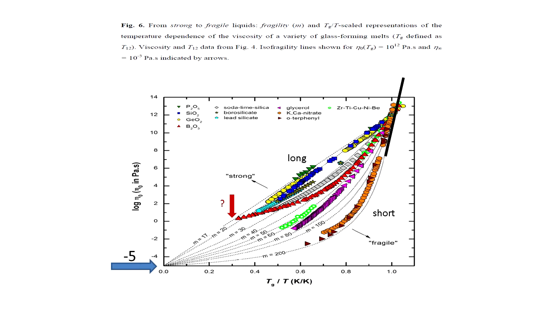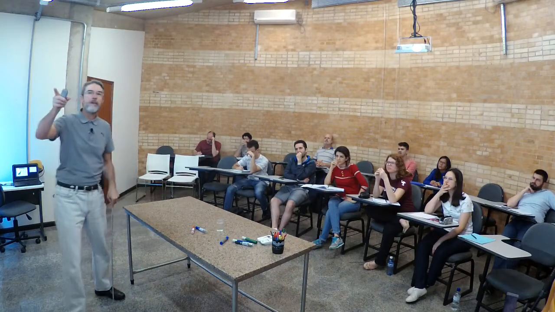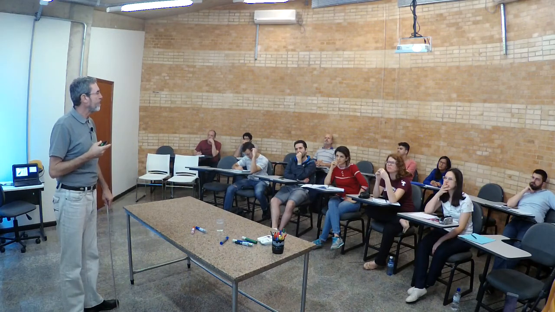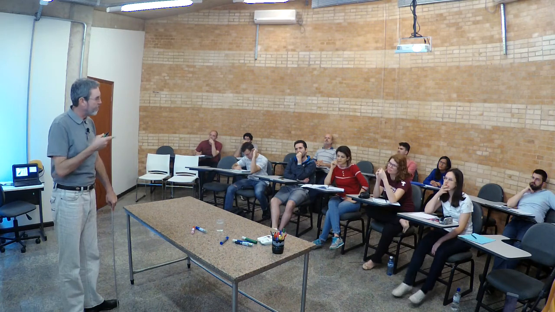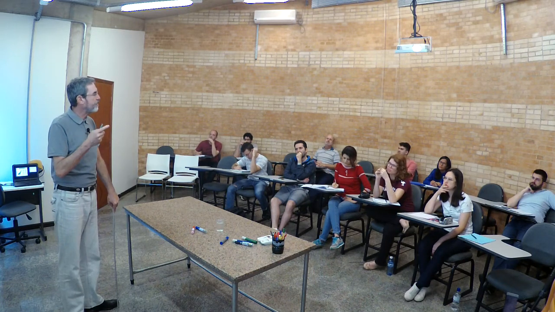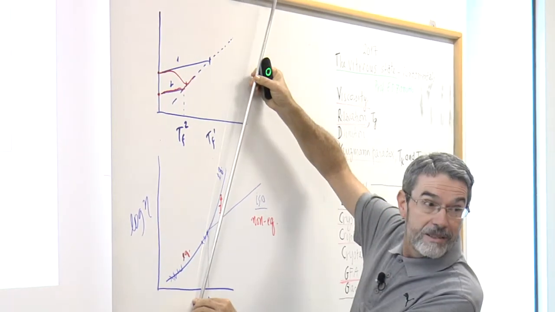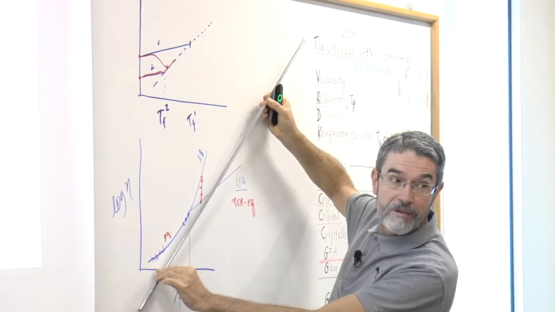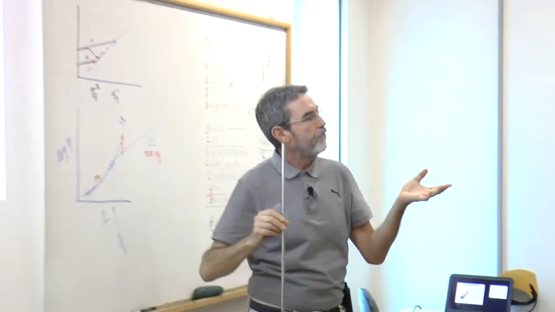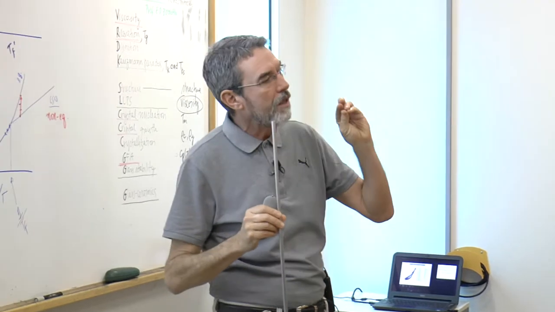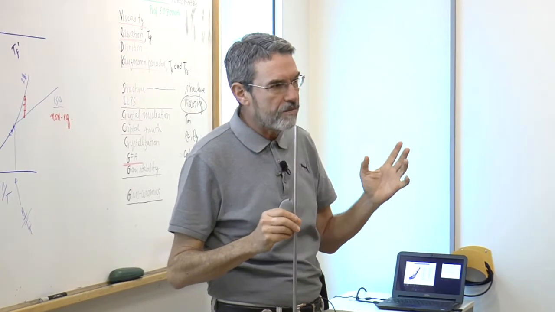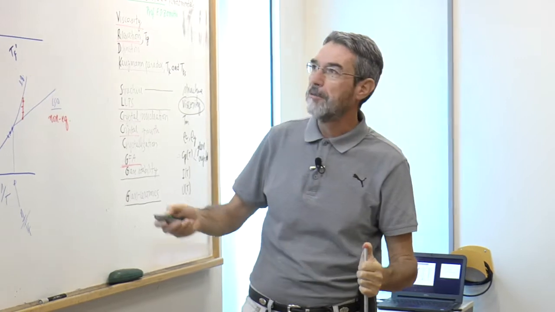There's a whole, you don't have to copy all this, but lithium disilicate is here. This is lithium disilicate, 44 or 45. This, of course, depends on which equation you use. If you use the Vogel-Fulcher equation to fit, you have a higher fragility because the Vogel-Fulcher, it's steeper here than the Avramov-Milchev. I bet that if you fit with the Avramov-Milchev, you have a somewhat smaller, not a lot smaller, but somewhat smaller value of fragility.